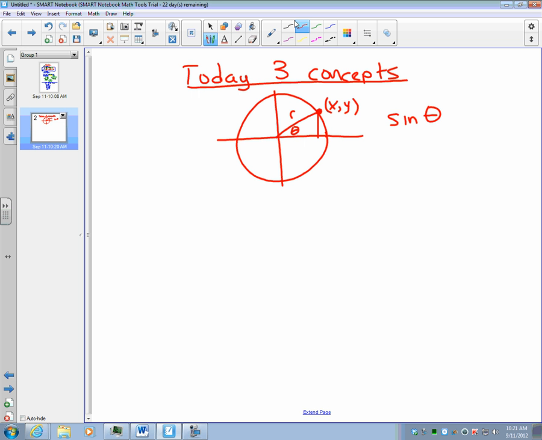What's sine again? SOHCAHTOA. What's the ratio for sine? Opposite over hypotenuse, right? And in our diagram, the opposite side of theta would be y, wouldn't it? It would be the height. So sine is going to be y over r.